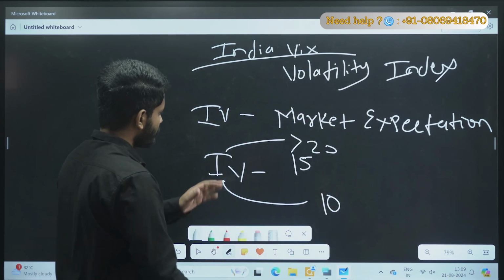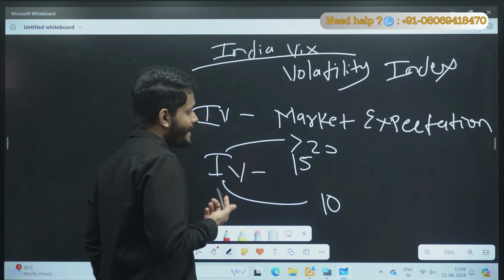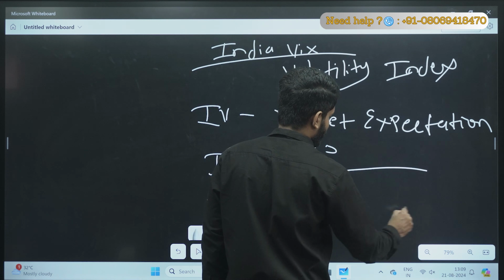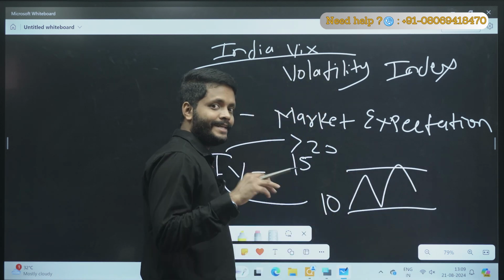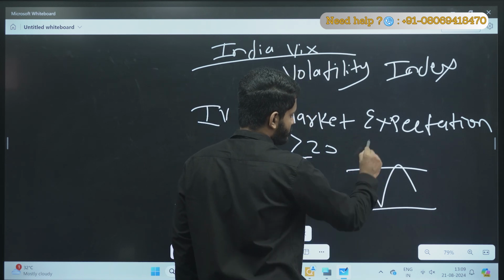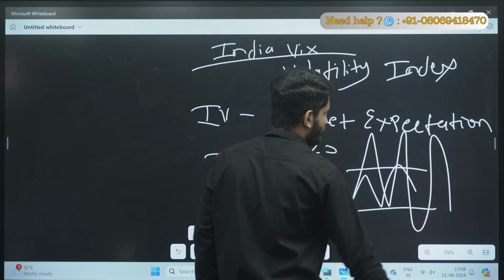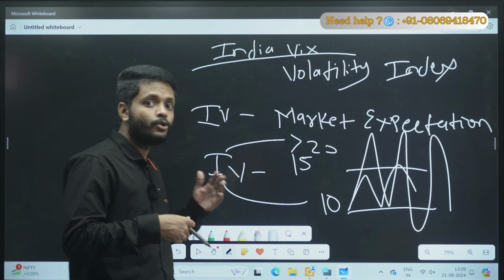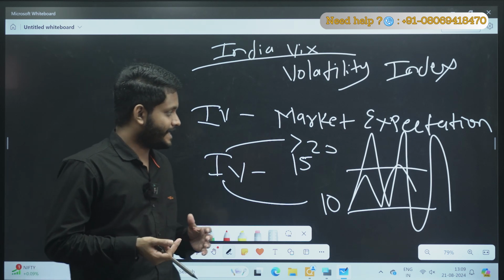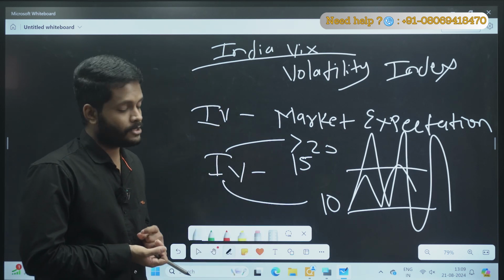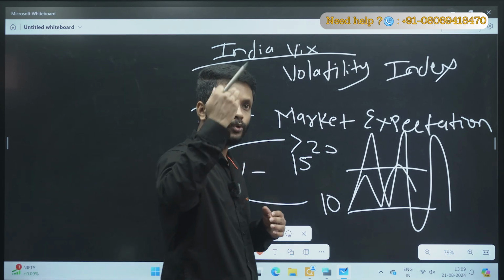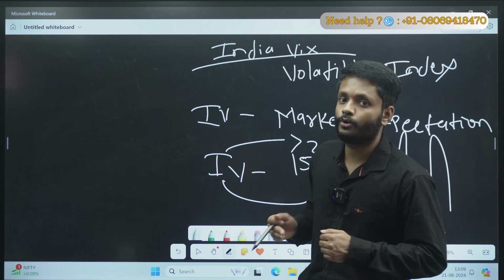If volatility increases, say this is the range of the market, then this range gets widened. Instead of this range, there is a possibility that the market might oscillate this way. So the writers usually go and hedge their positions because the range has widened. When the writers hedge, the demand for OTM options increases, because those who have sold calls will buy OTM calls, and those who have sold puts will buy OTM puts.